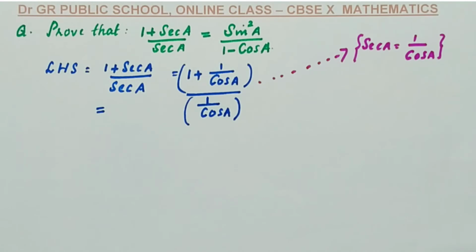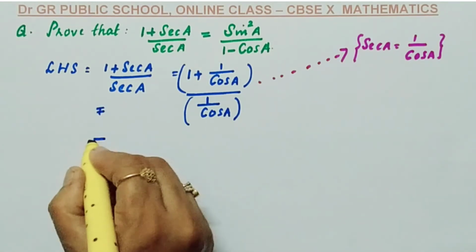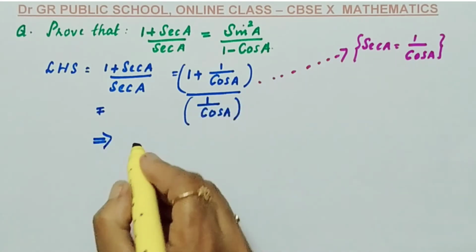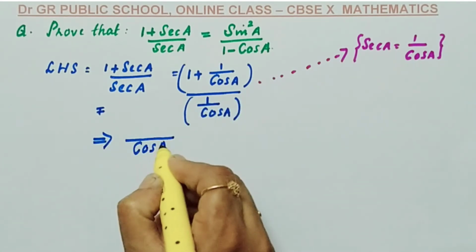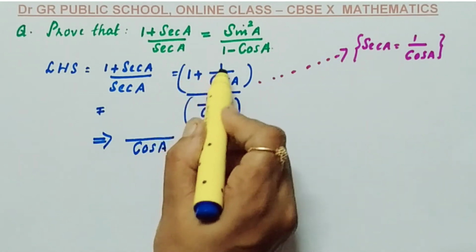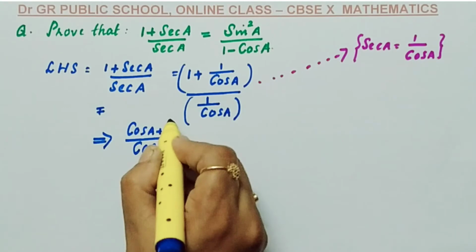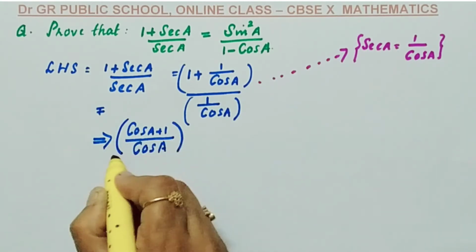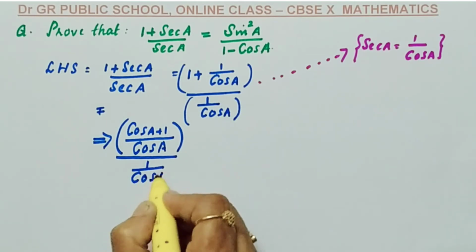Next, I am going to make a simplification, which implies, on the numerator, I am going to take the LCM: cos A plus 1 upon cos A. Am I right? Cos A plus 1. This is the numerator, the whole divided by, on the denominator, 1 by cos A.